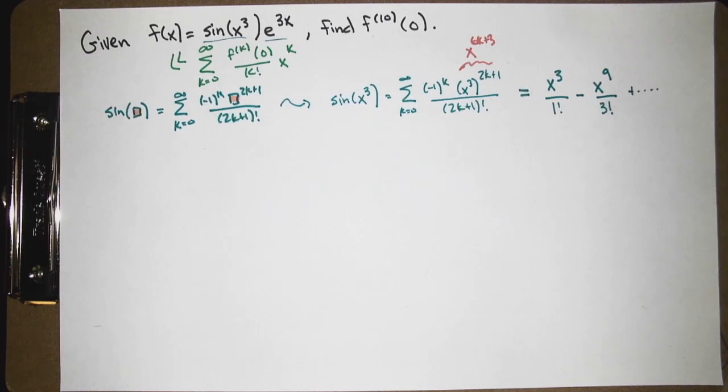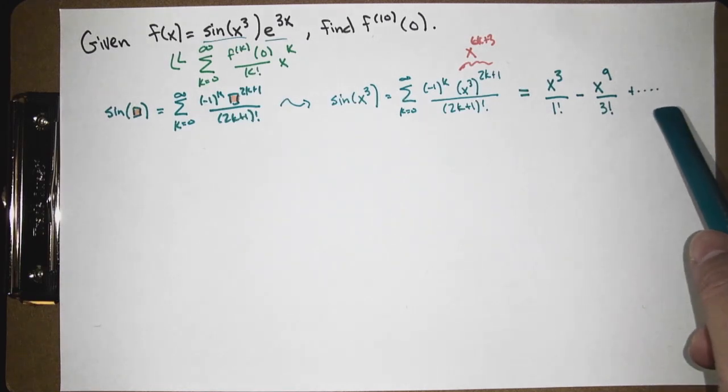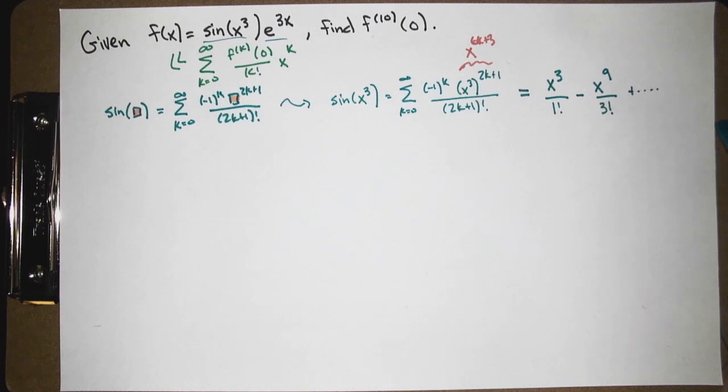What coefficient are we after? x to the 10. What's going to be our power after this point? Yeah, the next one is going to be 15. But the point is, after this point, all the powers are bigger than 10. So they're off the menu, because we only need to grab x to the 10th.